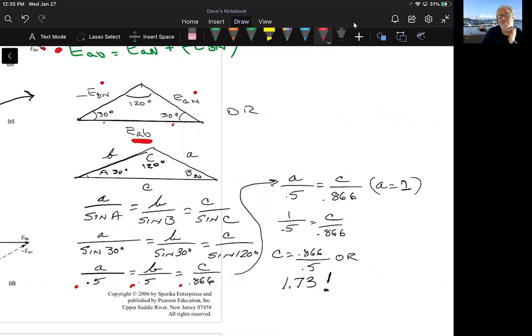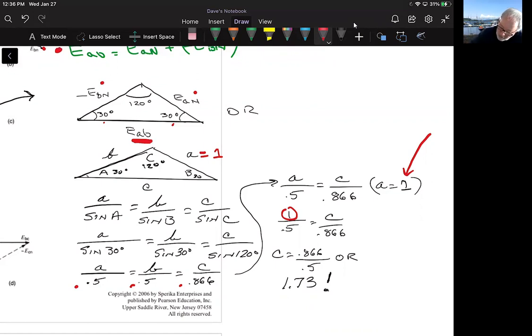Anytime you're working with the law of sines, if you know 3 of the 4, you can do that. And one of the favorite things to do if you don't have actual numbers is to see the relationship for a unit 1 calculation. So let's assume that line A is equal to 1. What is the relationship from side A to side B? We put A as 1 over 0.5, which is the sine of 30 degrees, is equal to C over 0.866.